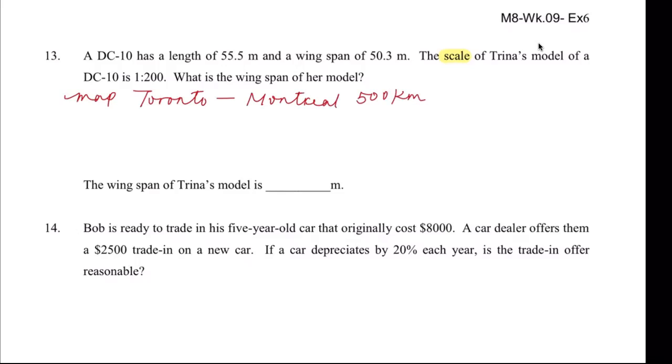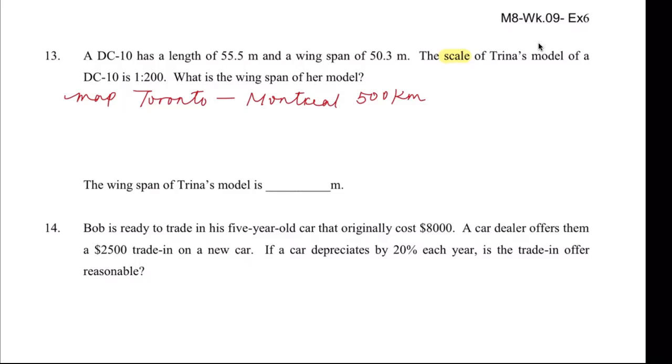But on a map, there's no way we can draw 500 kilometers, right? That's when we use a smaller distance to represent 500 kilometers. For example, we might use 5 centimeters to represent 500 kilometers on a map. That's the concept of a scale, right?